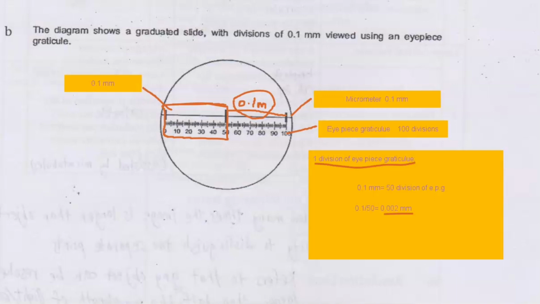The third step is that we have to superimpose this eyepiece graticule on a slide of a specimen cell and find out how many eyepiece graticule divisions match with the cell.